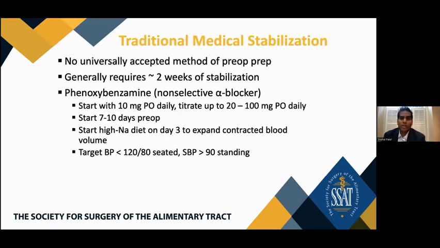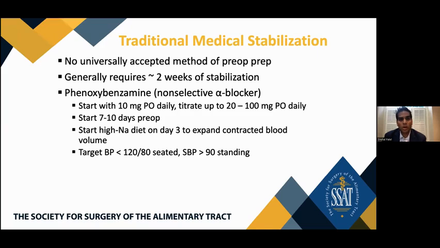So I think the alpha blockade is probably the most important part to get the patients ready, and it's the part that I just want to focus on, because we tend to do these ourselves, since we're in the operating room, rather than relying on endocrinologists or PCPs to block the patients. I feel like we have a better understanding.